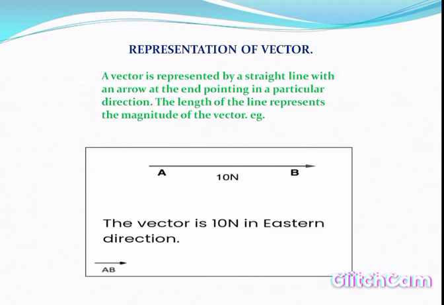You can see these examples here. I have a vector AB of magnitude 10 units. So it is represented by a line of 10 units, and the direction you can see is pointing in the eastward direction.